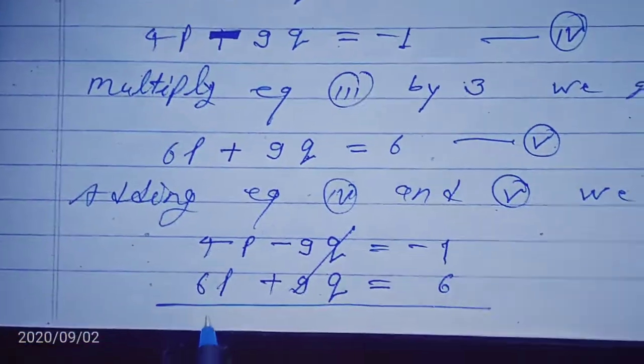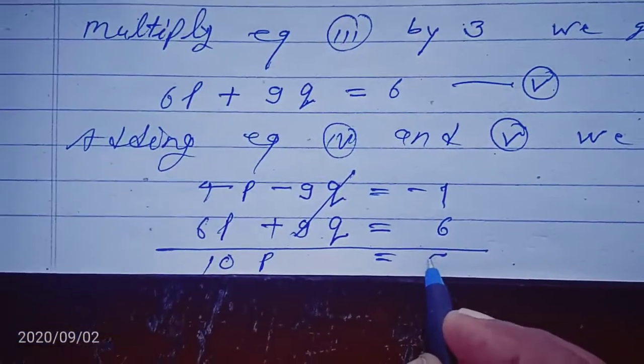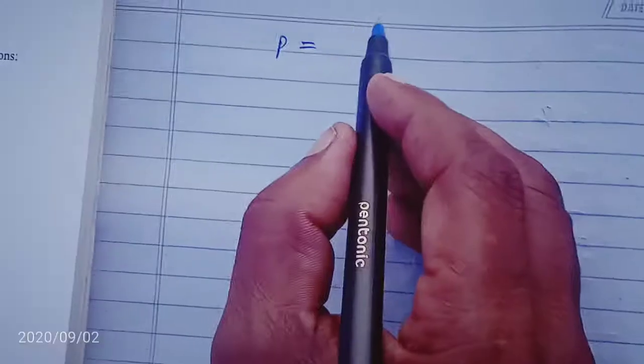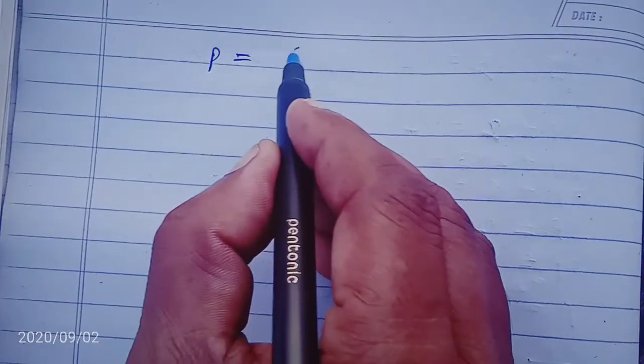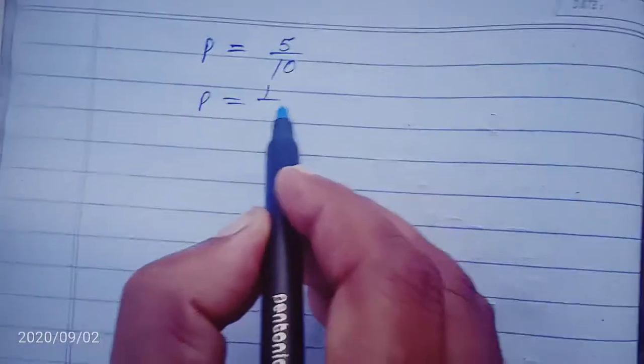The 9q cancels. 10p is equal to 5. p is equal to 5 by 10. It means p is equal to 1 by 2.